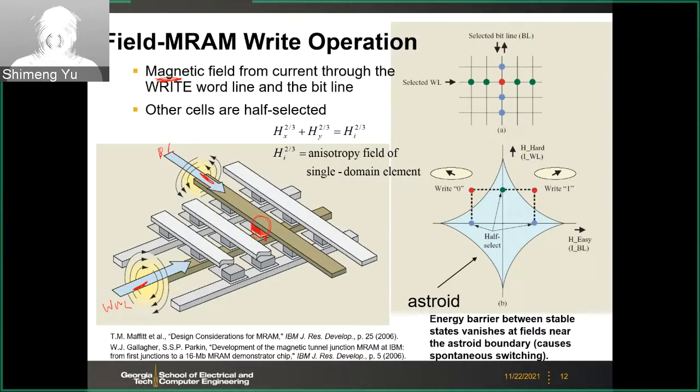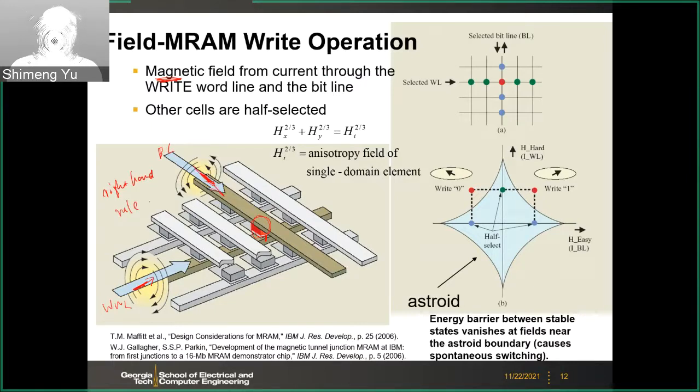However, when you apply current, if you recall your college physics or even high school physics, the current will generate a magnetic field around it, following the right hand rule.